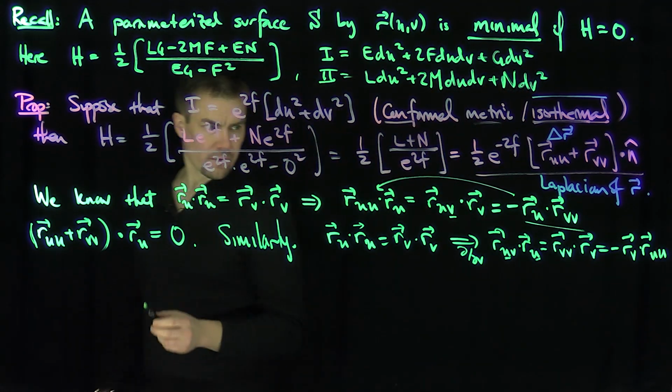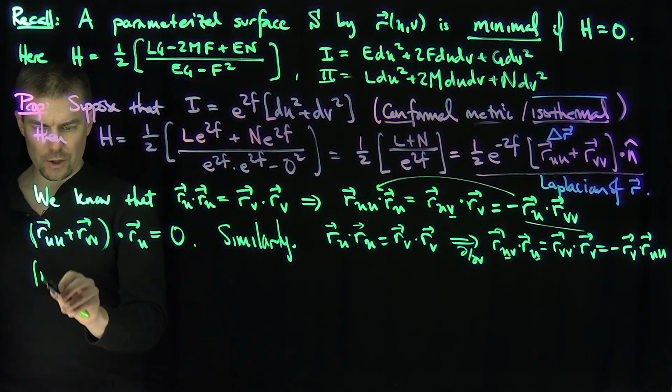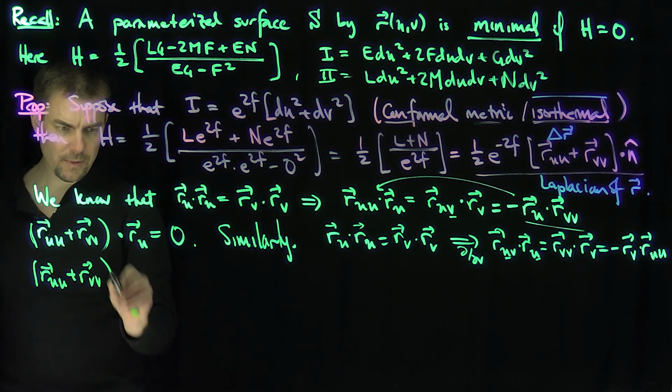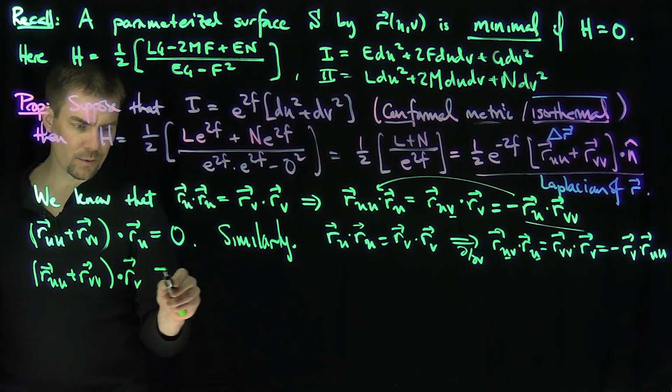And so from this equation, we can conclude that R_UU plus R_VV dotted with R_V is also equal to 0.